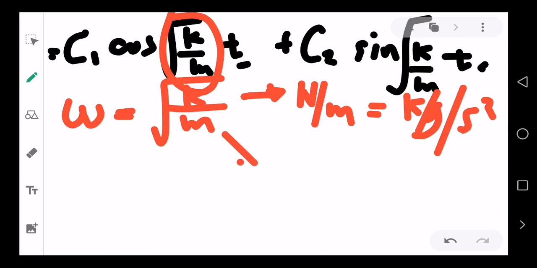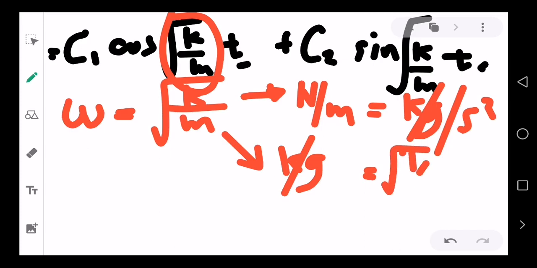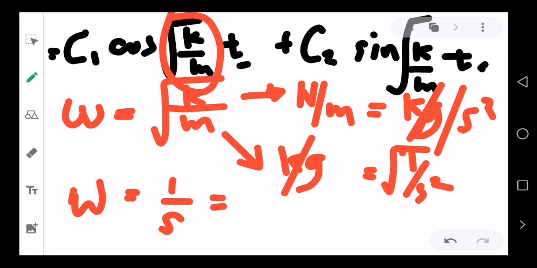And then we have here the mass, which is denoted by kilogram. Could cancel out kilogram, so we only have the square root of 1 over s squared, and therefore we have omega as 1 over s, which is the same unit as the frequency, which is hertz.